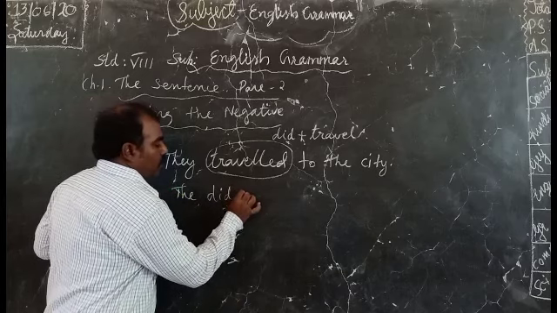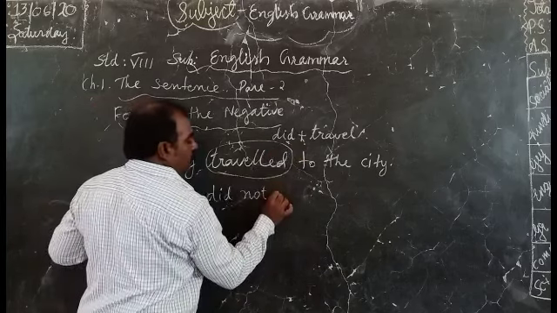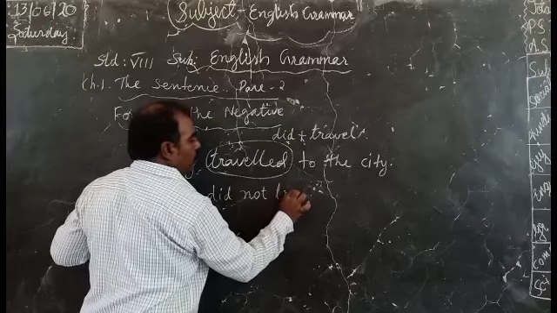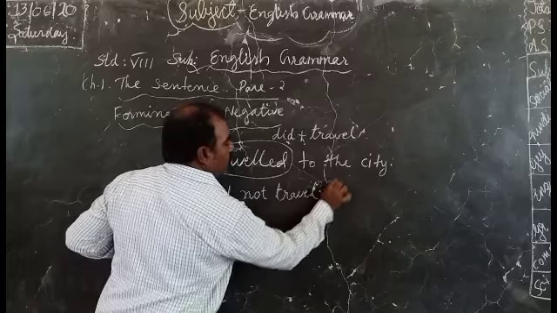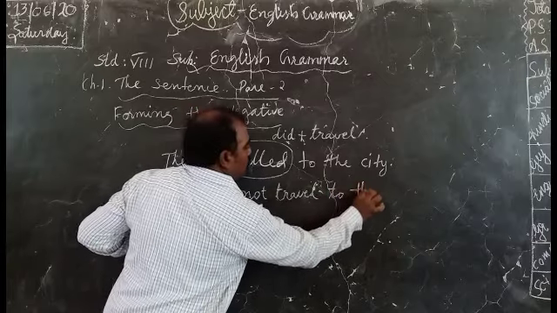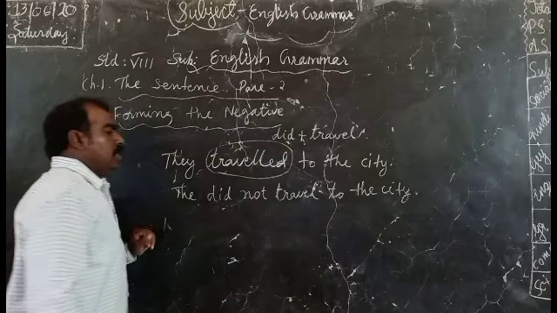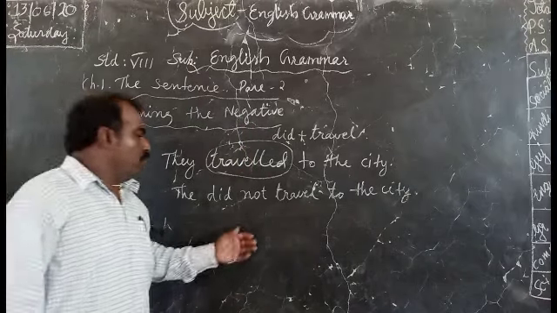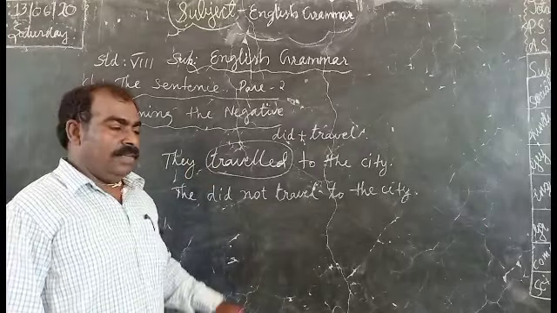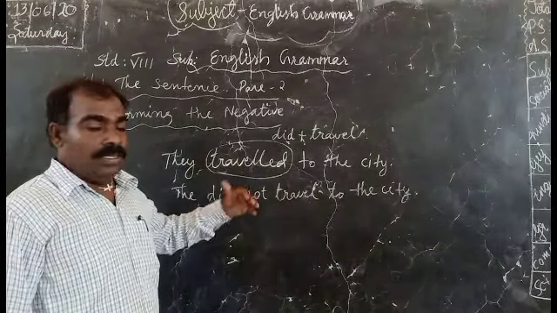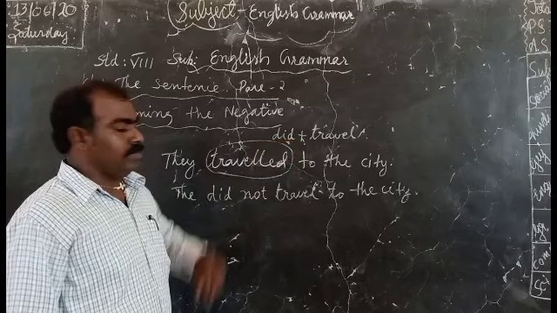So add not, then the verb travel, then write the remaining, to the city. This is how we have to make negative when there is no auxiliary verb given in the sentence. We have to divide like this.